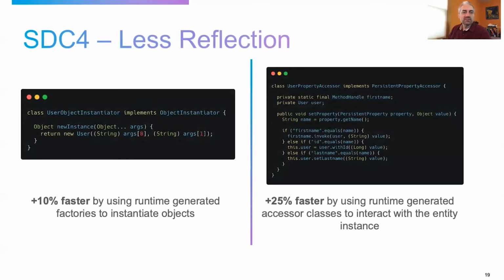For performance increases, there are fewer reflection calls. The first example is a roughly 10% improvement by using runtime generated factories to instantiate objects. And the second example is 25% faster by using runtime generated accessors to interact with the entity instance.